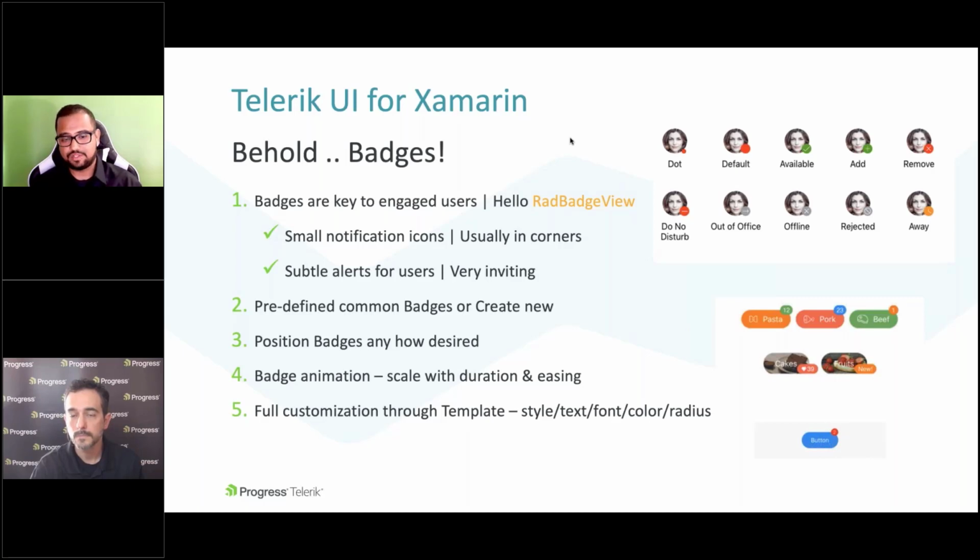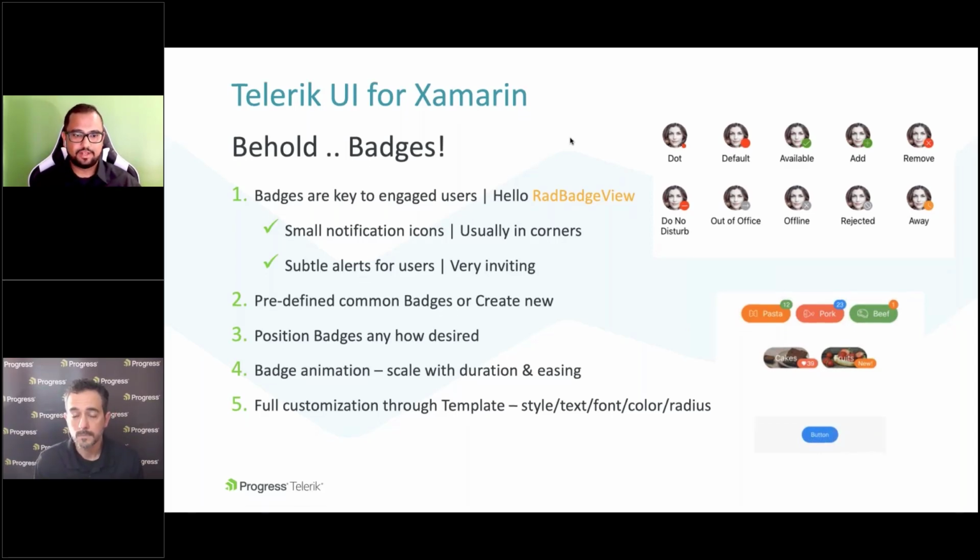You can have icons in them, you can have text in them, you can change the styling of the text and the radius of how big or small that badge looks. So very excited about this, because you really can put this on any type of other UI component that you're using.